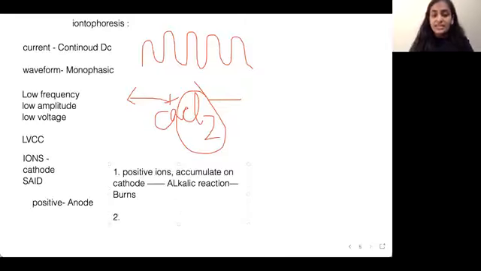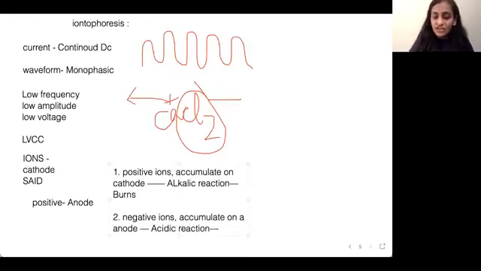Same way, if negative ions accumulate on an anode, it will cause an acidic reaction. And what is an acidic reaction? It's not really dangerous. It just causes hardening of the skin, or skin thickening. That is what an acidic reaction does. So you have two reactions.